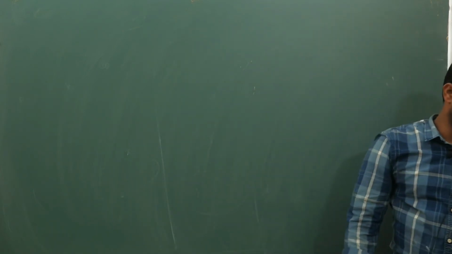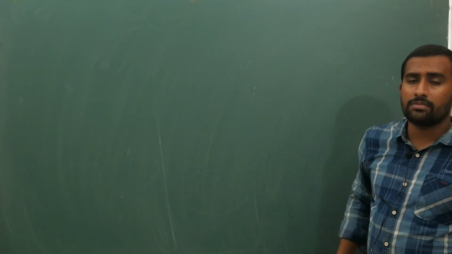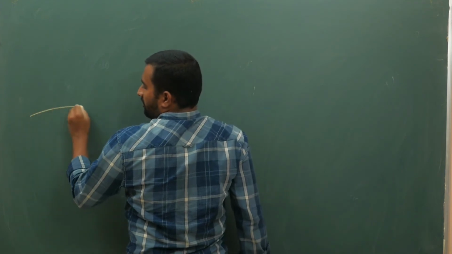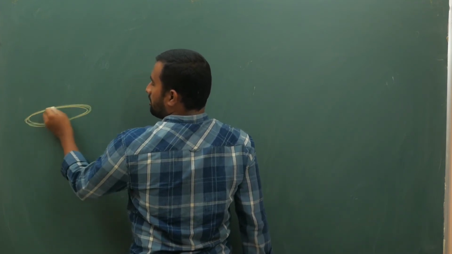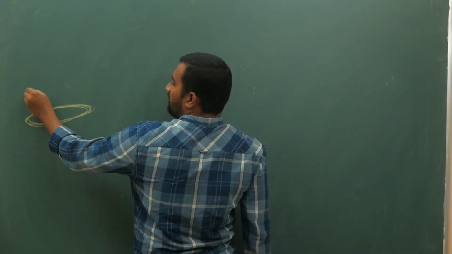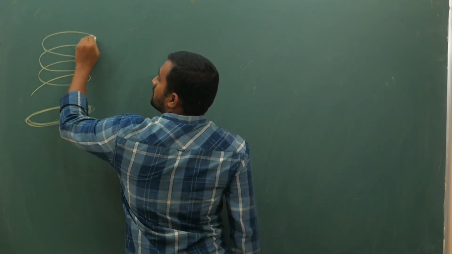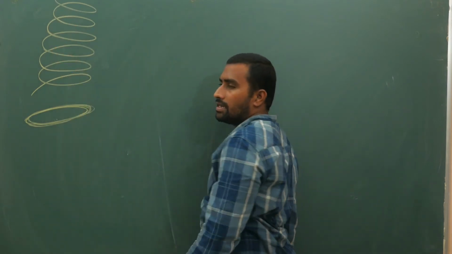Next, you need to know what is meant by a helix. If a body goes in a circle at the same spot, it will form a path like this. Now if the body goes up and simultaneously tries to follow a circular path, this path is called a helical path.